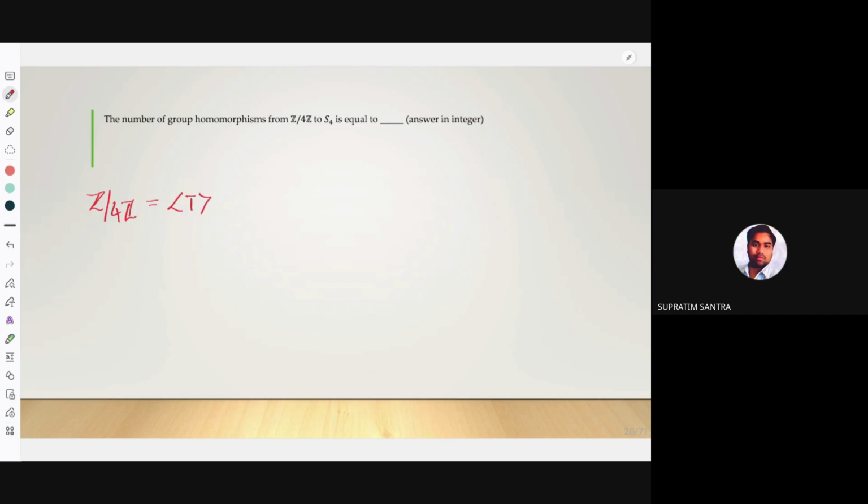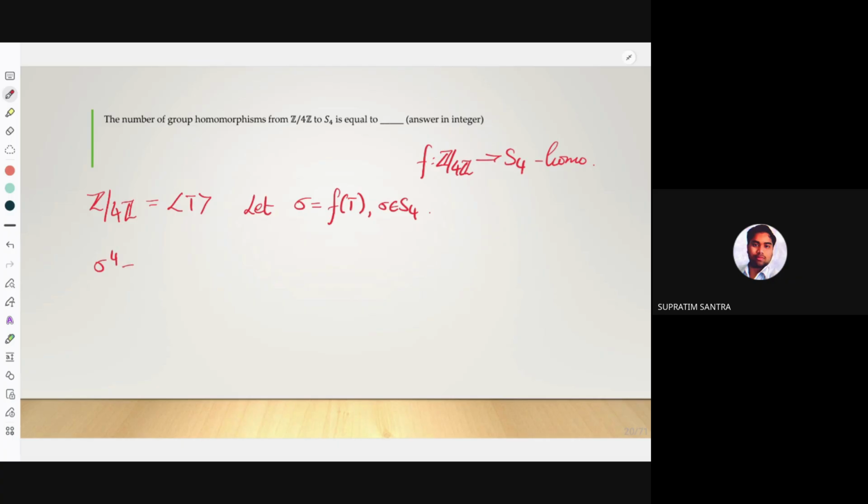So let f be a homomorphism from Z mod 4Z to S4, and let sigma be f of 1bar, with sigma in S4.